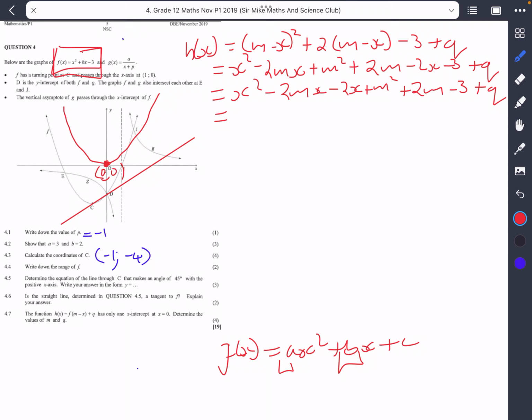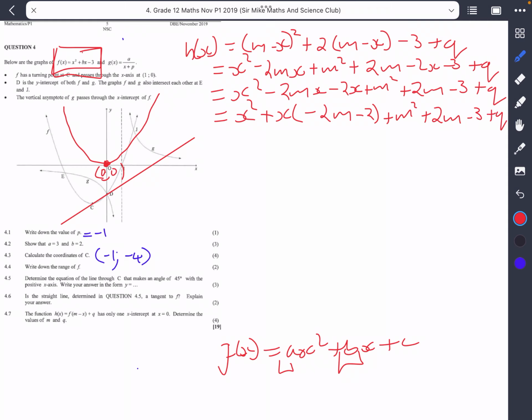So I'm actually just gonna take a common factor between these. So I'm gonna say x squared plus, taking x as the common factor, x times (negative 2m minus 2), plus, of course, m squared plus 2m minus 3 plus q.